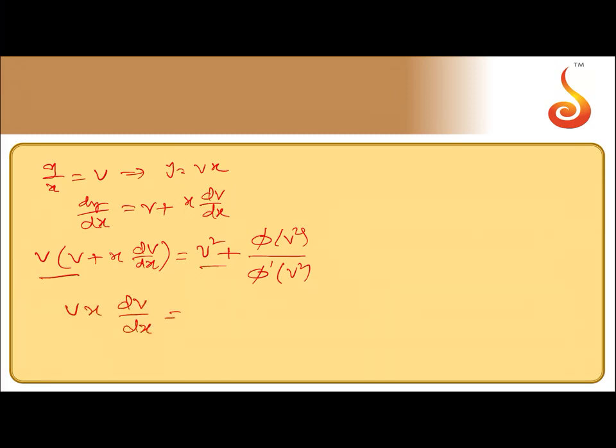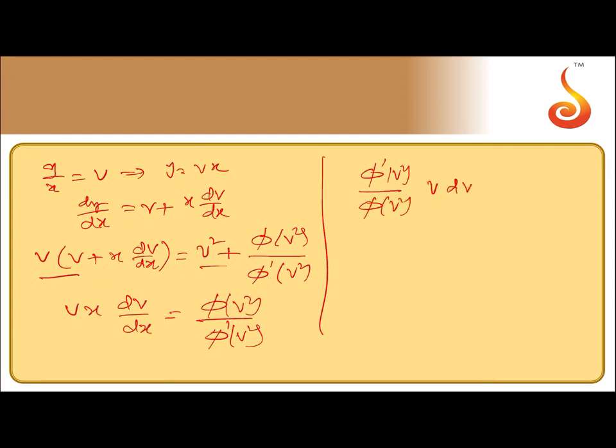Vx multiplied by dv by dx equals phi of v square divided by phi dash of v square. Why can't you bring the variables to one side? v multiplied by phi dash of v square divided by phi of v square, multiplied by dv, equals dx by x. Multiply by 2 on both sides. You can rewrite now.